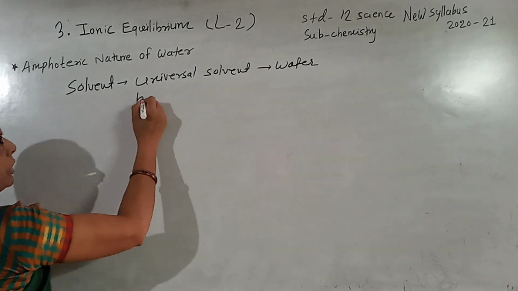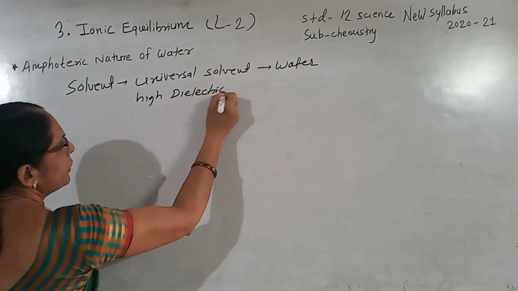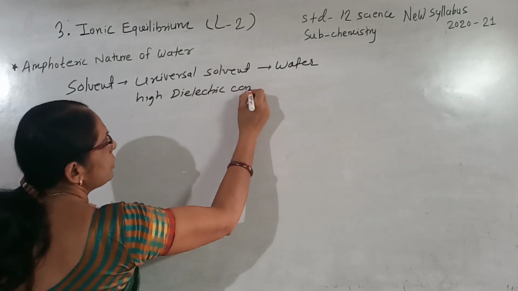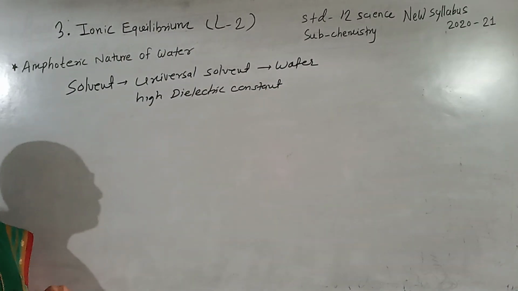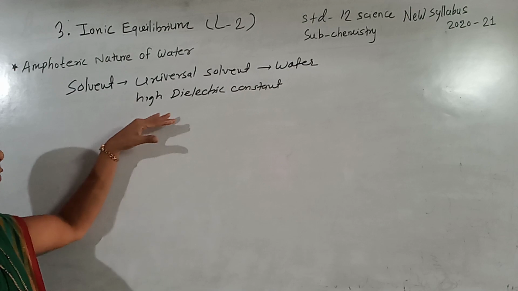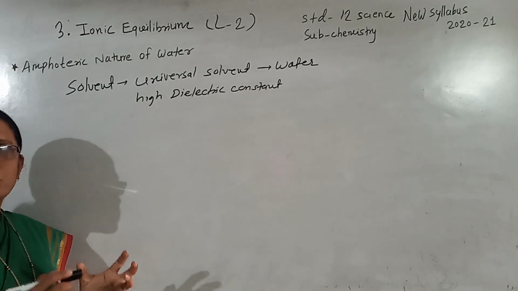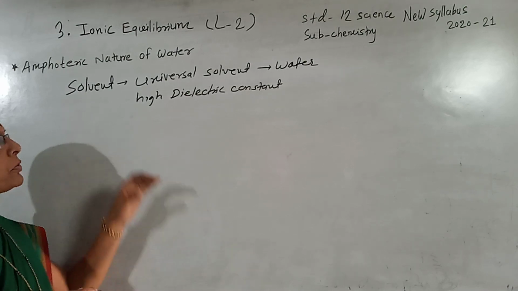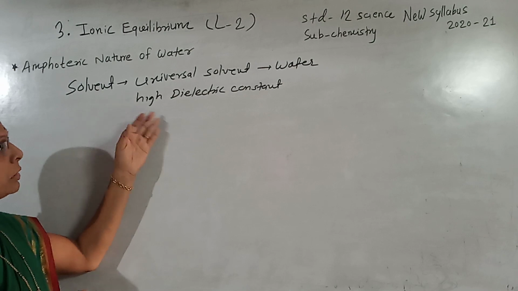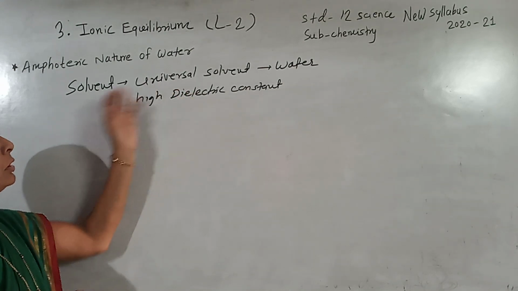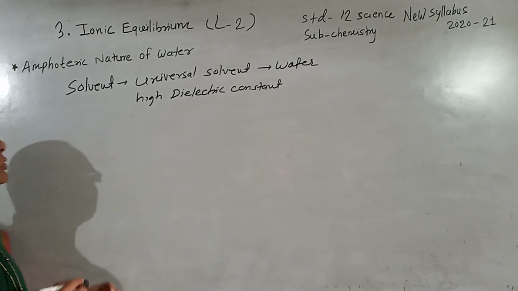Because it has a very high dielectric constant. What is meant by a high dielectric constant? This solvent has the ability to break the electrostatic force of attraction between the ions of that salt and dissolve it, and therefore this high value of dielectric constant belongs to water, and therefore water is a universal solvent.